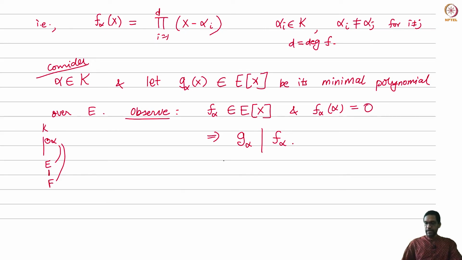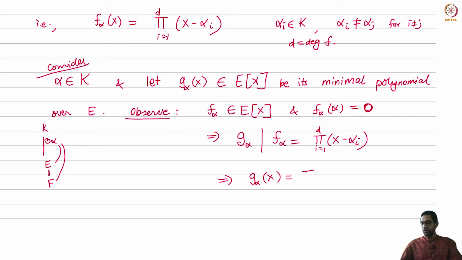So g_alpha divides f_alpha, but f_alpha already factors into a product of distinct linear factors in K. Since g_alpha divides f_alpha, it has to be a product of some of these factors.